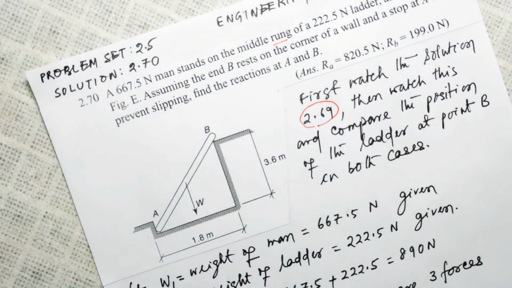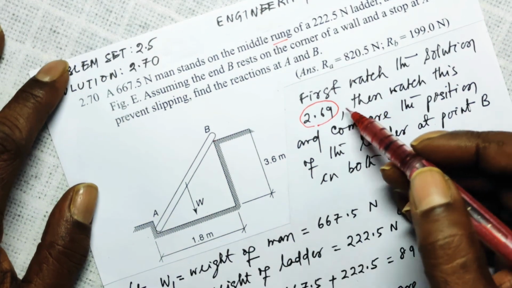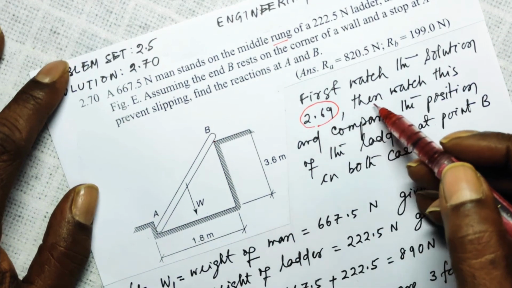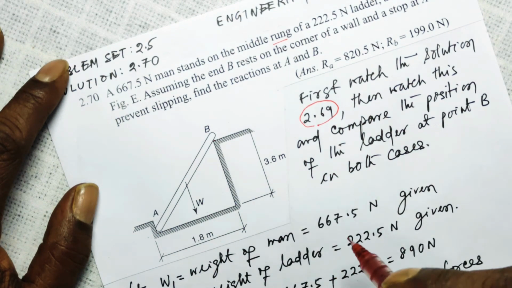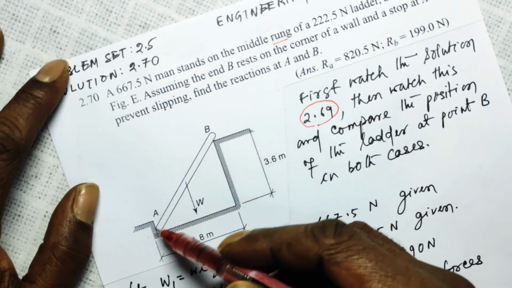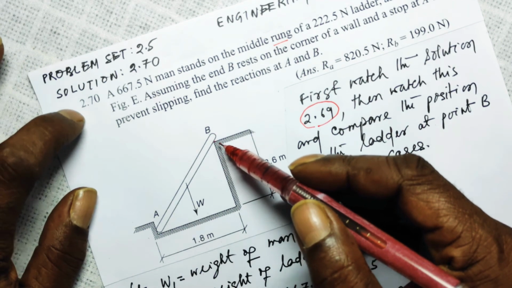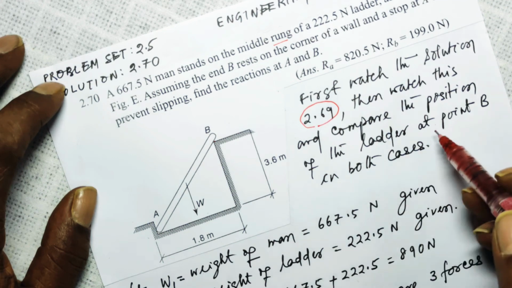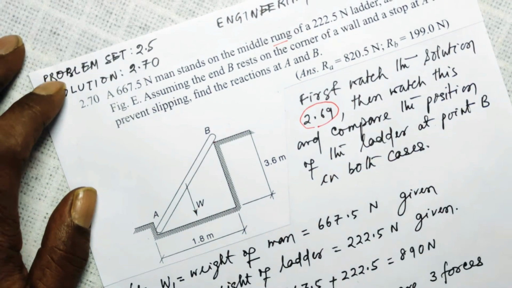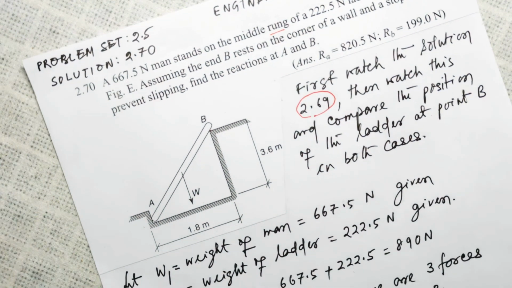So that is to be understood. First watch the solution 2.69, then watch this video and compare the position of the ladder in this case in 2.70 and in 2.69 at point B in both the cases. Then we will find out the difference.